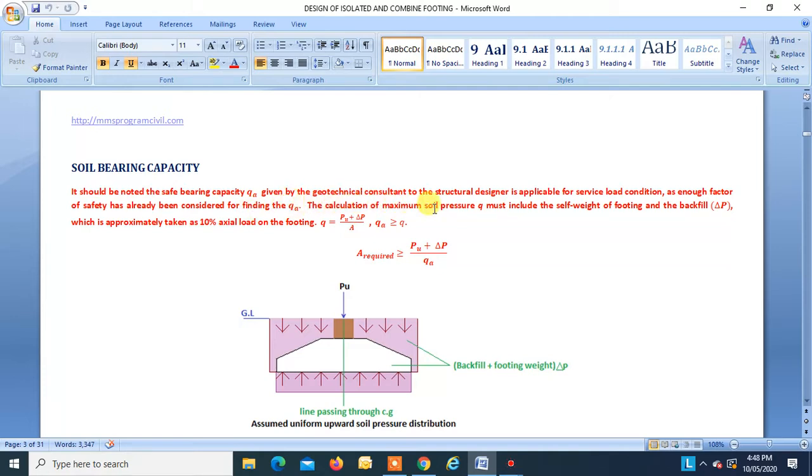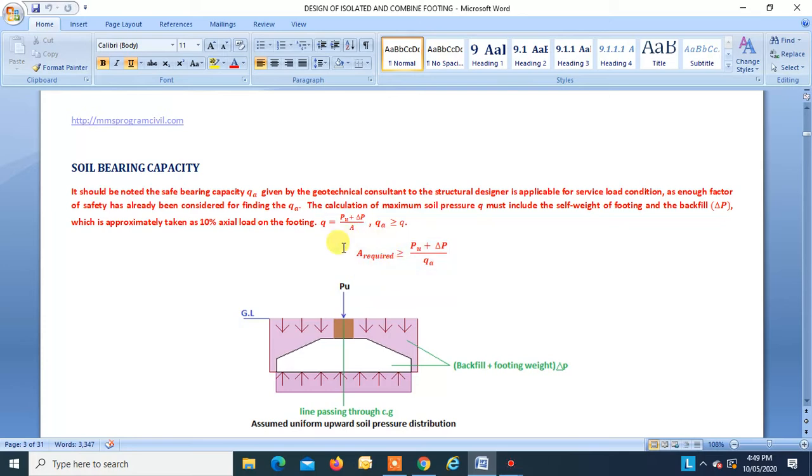The calculation of maximum soil pressure Q must include the self weight of footing and the backfill, that is delta P, which is approximately 10% of the actual service load on the footing. Q, that is actual pressure, is equal to Pu plus delta P divided by A. A is the area of footing. QA should be greater than or equal to Q.